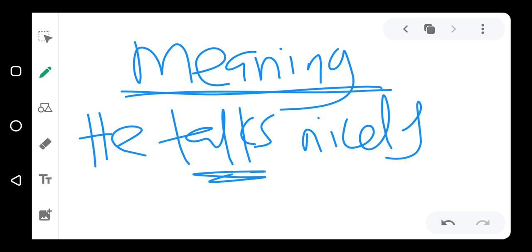We also have other types of adverbs, but we are actually going to be talking about four main types of adverbs.